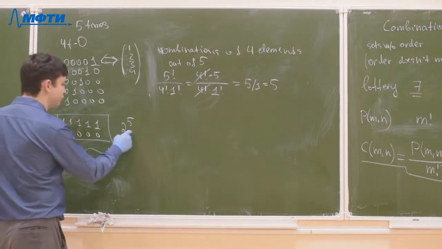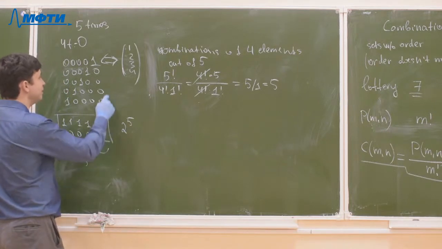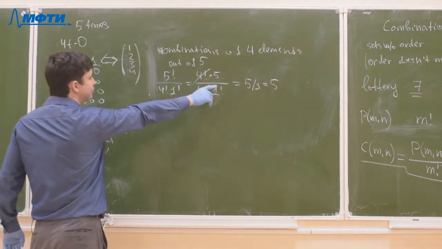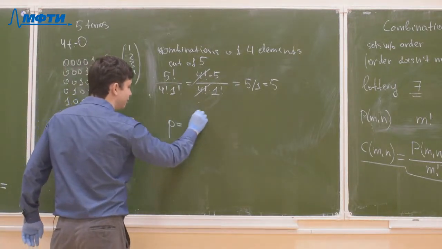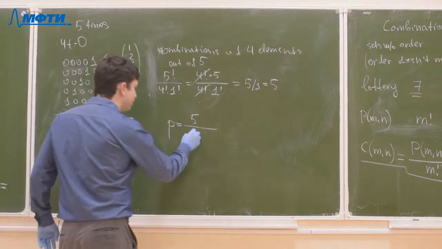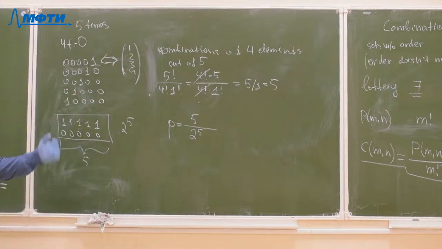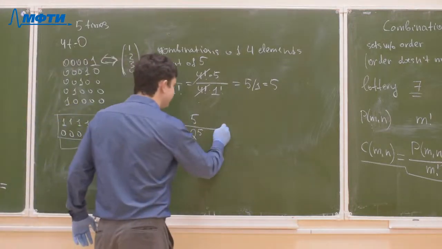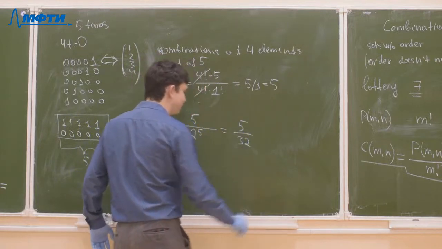So I have 2 to the power of 5 possible outcomes, and in order to calculate the probability, I divide the 5 desired events by 2 to the power of 5, the total number of possible events. This gives me 5 over 32.